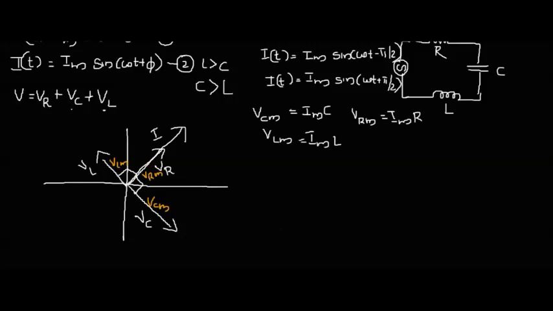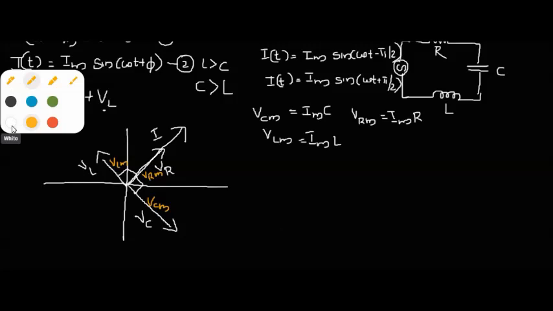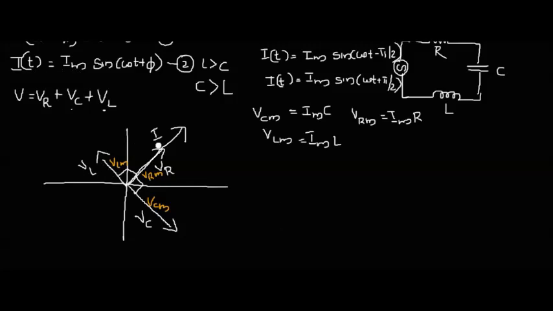Okay, so next we are going to add these 3 phasors, and a phasor is a vector, so instead of saying adding phasors, we can say we have to add these 3 vectors. So first I am taking these 2 phasors and taking the vector addition, and with the resultant I am adding this VR.